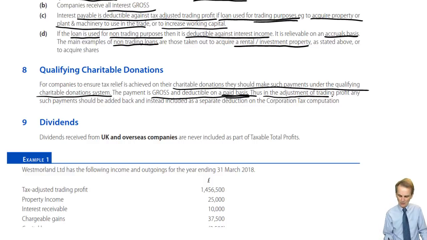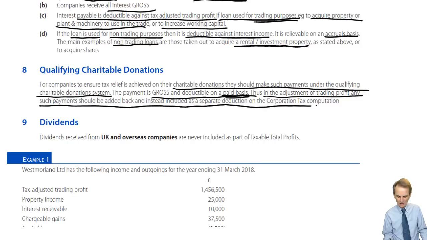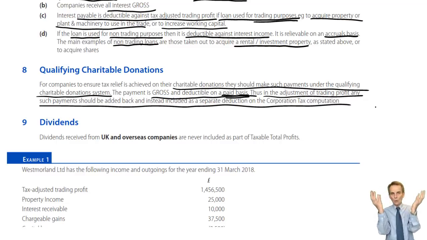Thus, in the adjustment of trading profit, any such payments should be added back and instead included as a separate deduction on the corporate tax comp. Those qualifying charitable donations are deductions from the total of all profit, our worldwide income and gains. We get the total profit, then we deduct the donation.